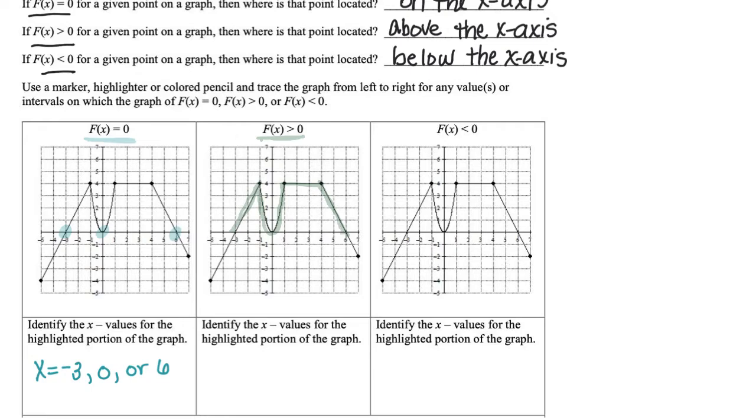That's a lot of values up there, so we're going to need our interval notation for that. So we're going to start way over here at -3, and it's going to be open. So -3, and it looks like we'll go all the way to 0. There's a bracket, 0, union, and then we're going to go on to the other side of 0, all the way over to 6.